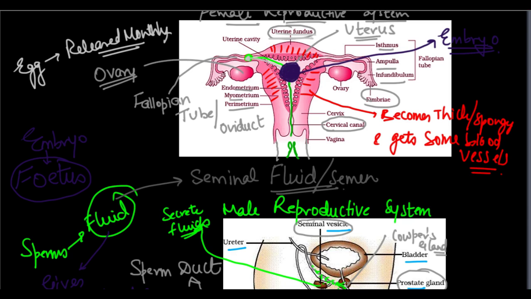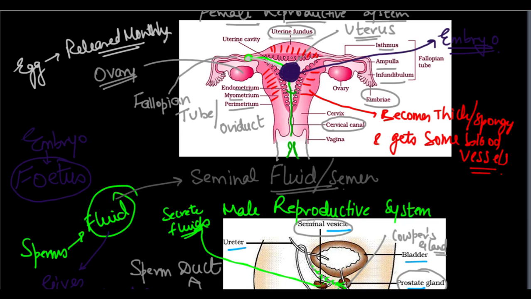And how is the developing fetus now given nourishment? Because an organism needs to perform life processes, it needs to excrete its waste, it needs food, nourishment, all these things. So how is that taken care of? Well, that's where the blood vessels come in.